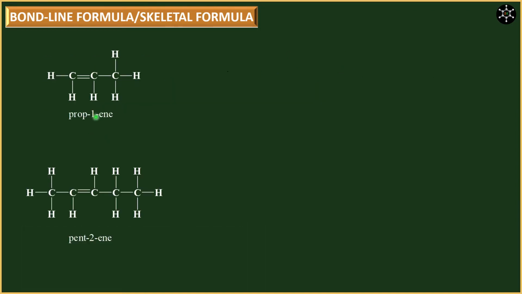Prop-1-ene has 3 carbon atoms in it, 1, 2 and 3. So there will be 3 dots in skeletal formula. We can see between carbon 1 and 2 we have a double bond.